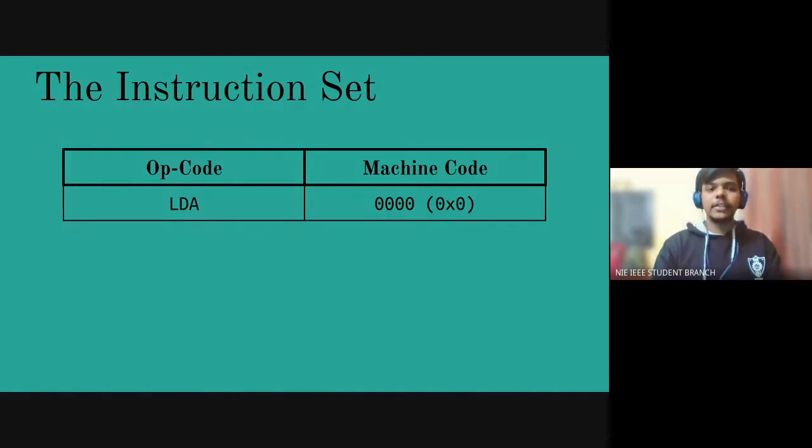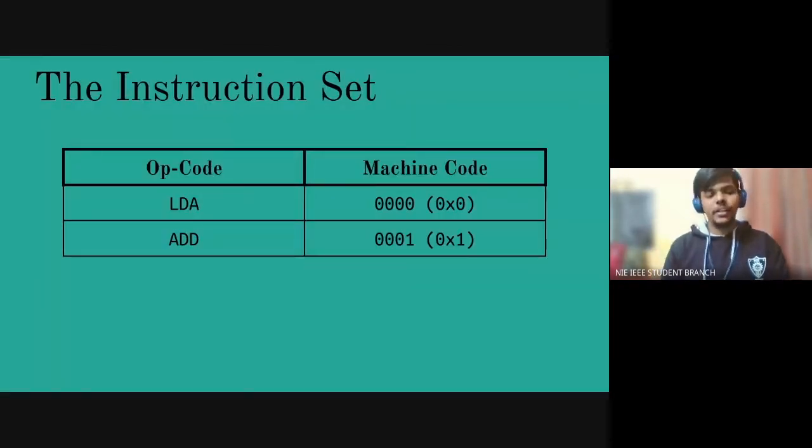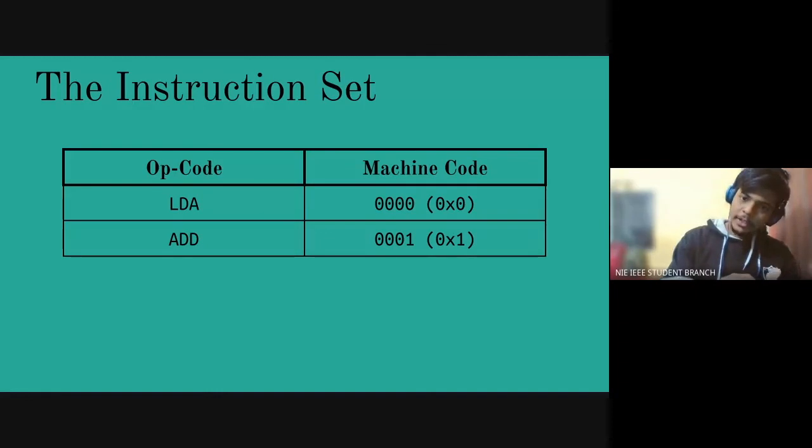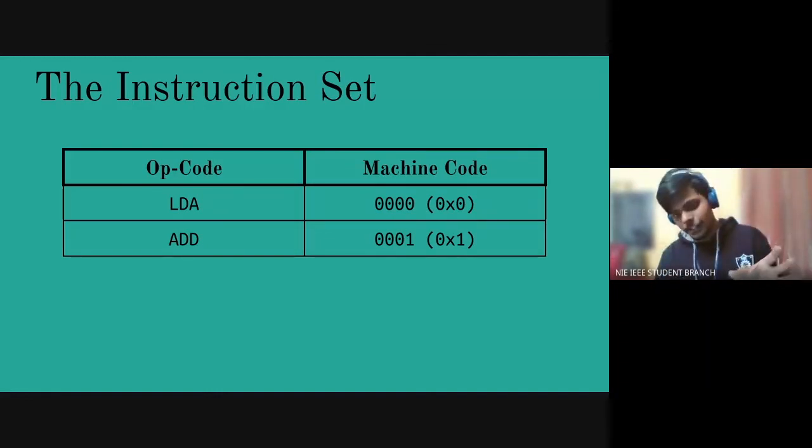So next is the addition instruction. Add just adds the data present in the accumulator with the data present in the address that you specify. So if I give add and let's say 9, it goes to the address 9, takes the data in that location, and puts it into the B register.